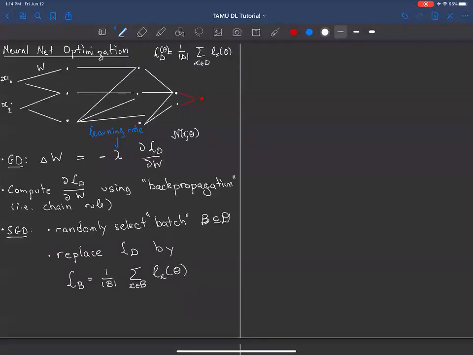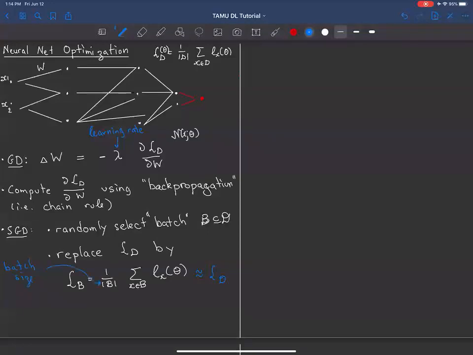The whole point of stochastic is that this is statistically going to be similar to the full loss L on the data set. The reason is that if you uniformly at random select a batch and average over the batches, the average over the batches is nothing more than the actual loss you started with. This parameter is very important, and it's called the batch size.